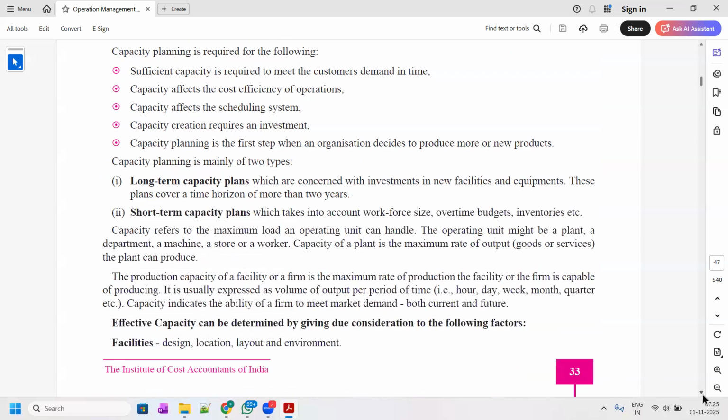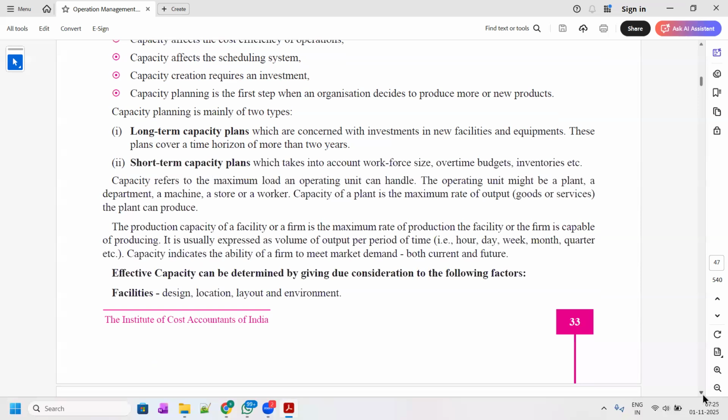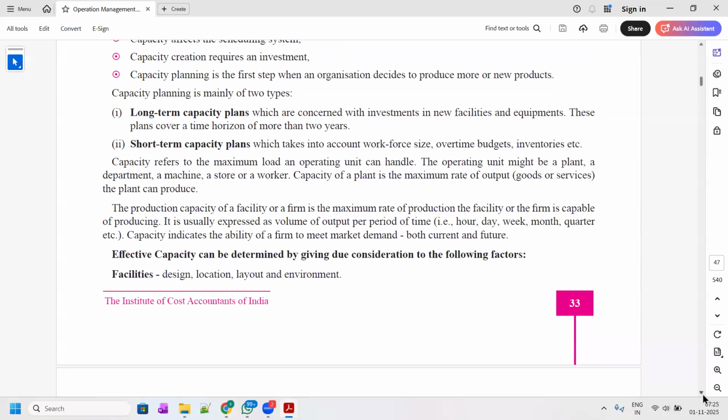When we do capacity planning, it is mainly of two types: long-term capacity plan or short-term capacity plan. The long-term capacity plan focuses on investment in new facilities or equipment. It covers a period of more than 2 years. When we are talking about planning beyond a time horizon of 2 years, it comes under long term capacity plan.